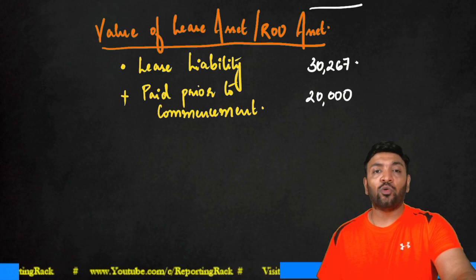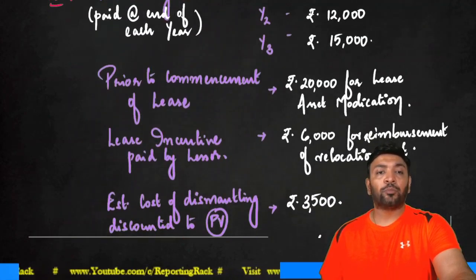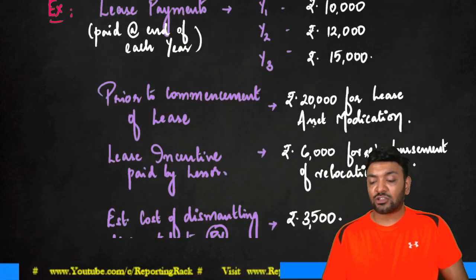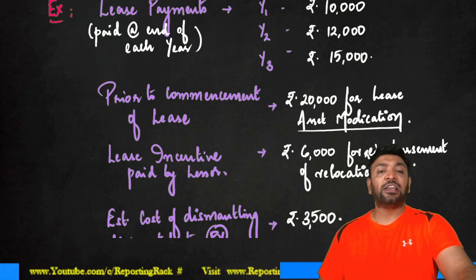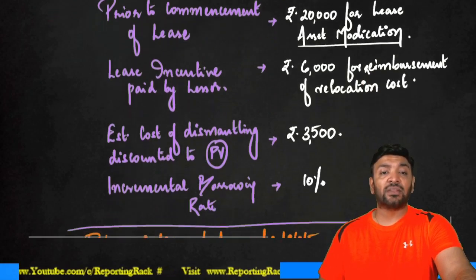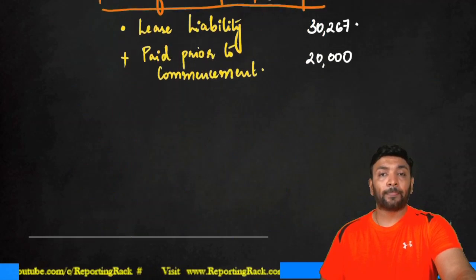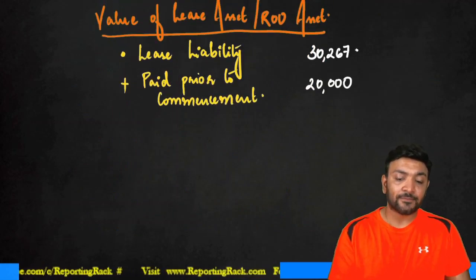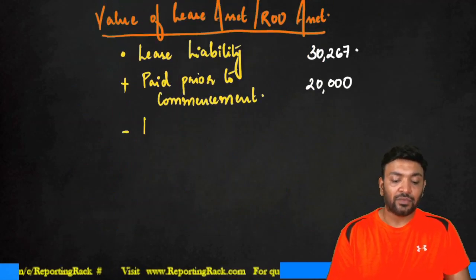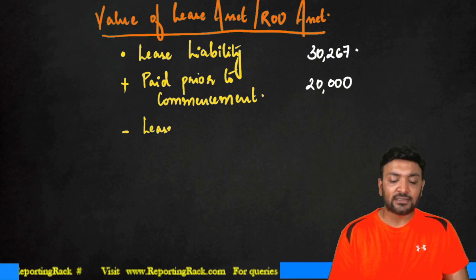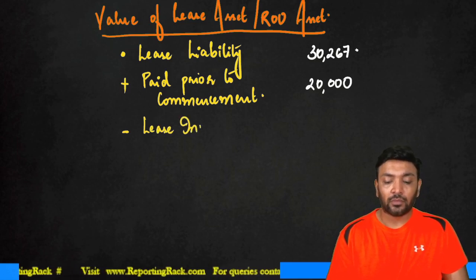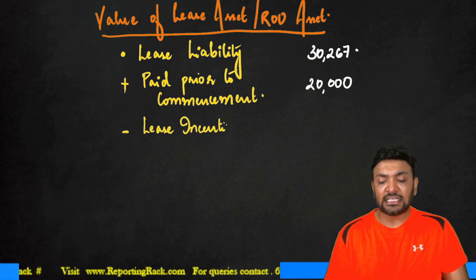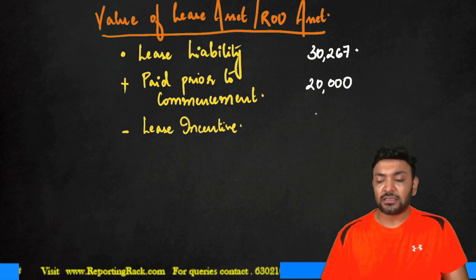I have given it above. Prior to the commencement of lease, 20,000 rupees paid for modification of the asset to suit the requirements of the lessee. Minus the amount of lease incentives. I received a lease incentive of 6,000.